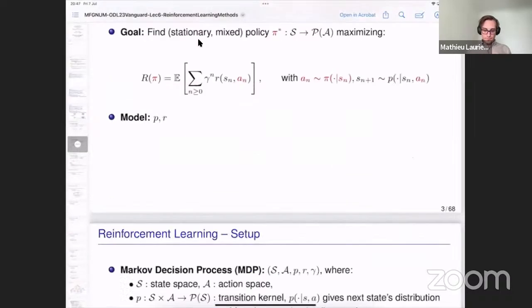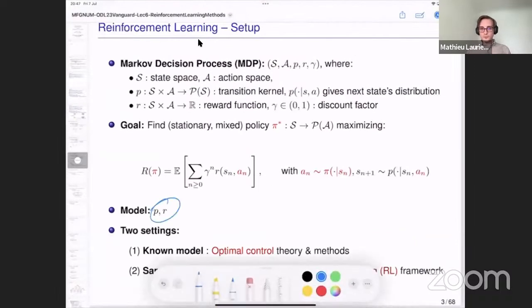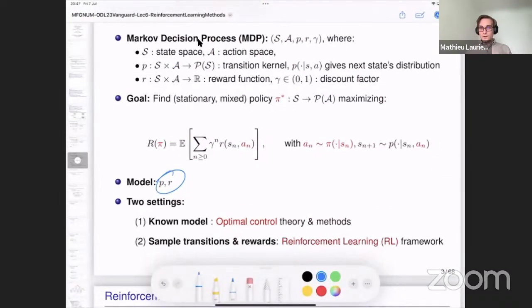So the model is P and R, basically, and gamma as well. And if you know everything, if you know P and R and gamma, then you can use exact dynamic programming. You can write the Bellman equation as I did in the first lecture. So here you can see lecture 1.